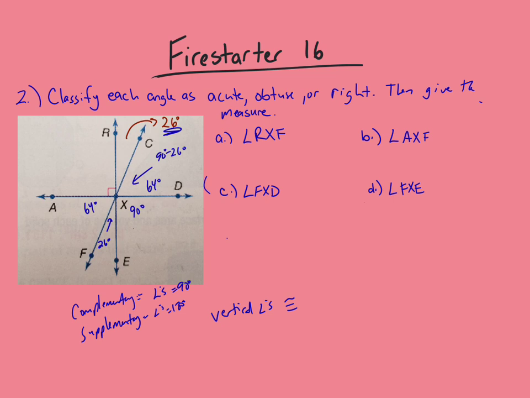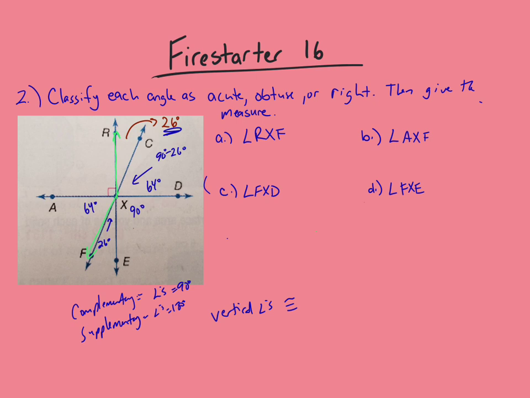All right. Now, I'm going to start finding out my angles. So, RXF. To figure out which angle is RXF, R to X to F. So the green writing is RXF. It's 90 plus 64.